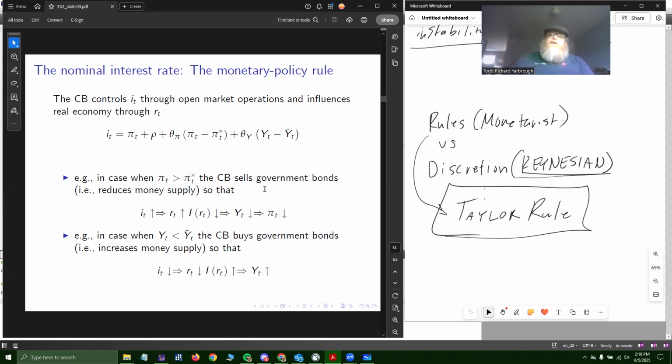That's going to put upward pressure on nominal interest rates, and then expansionary monetary policy is going to do the opposite. We can still think in terms of ISLM, right? Instead of real, we're thinking in terms of nominal, but it's the same dynamic. Expansionary monetary policy would be a reduction in the nominal interest rate target. Contractionary monetary policy would be an increase in the nominal interest rate target.